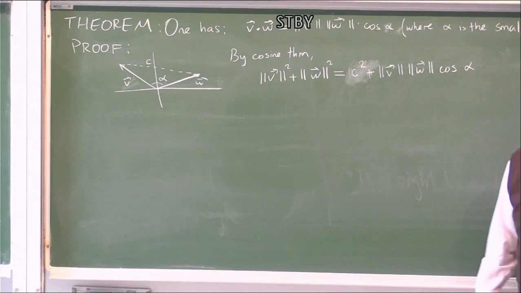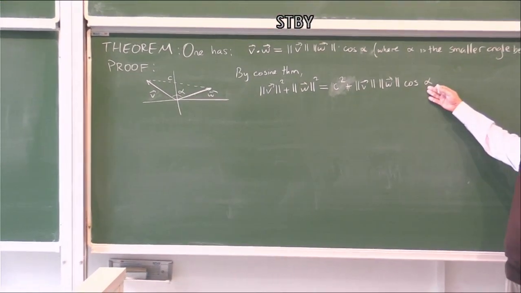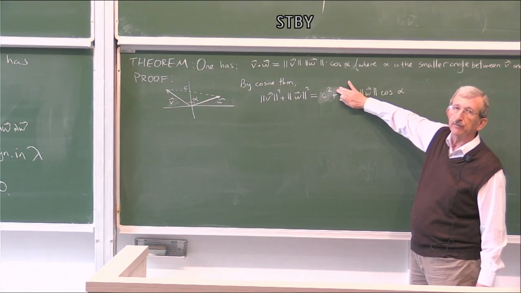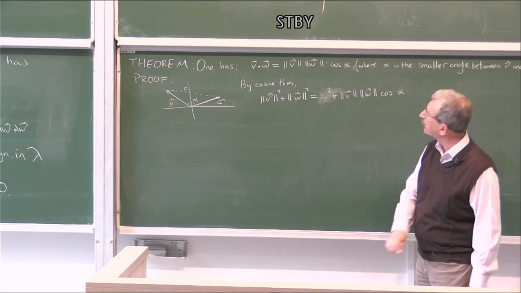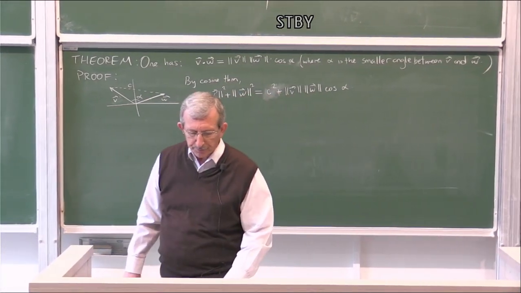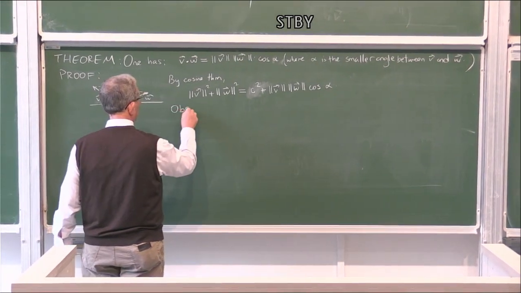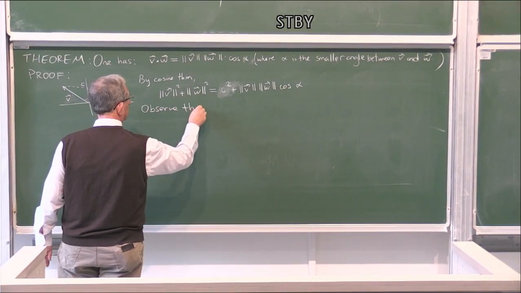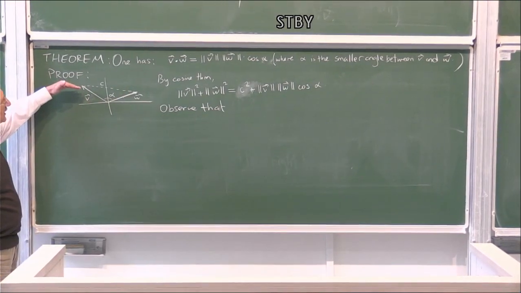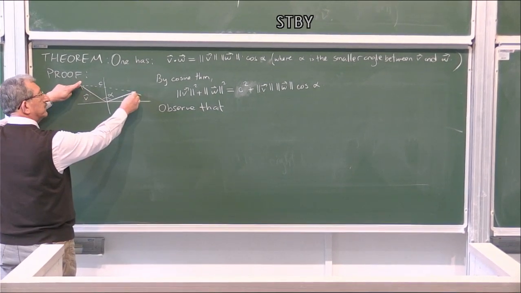This is a generalization of the Pythagorean theorem, actually. If alpha is pi over 2, if it's a right triangle, then you don't have this term, so it is the Pythagorean theorem. So this is the cosine theorem. Now we observe that C is the length of the vector connecting these two points.